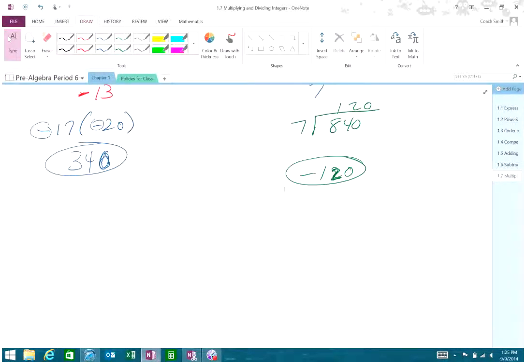Now, let's look at number 27. Number 27 says an MRI submersible is a type of submarine. As an MRI dives, its elevation changes by negative 100 feet each minute. Okay.